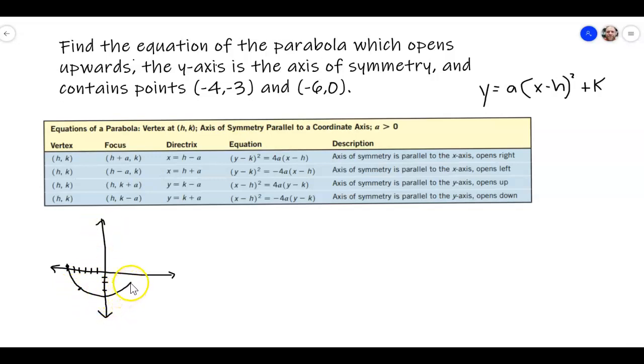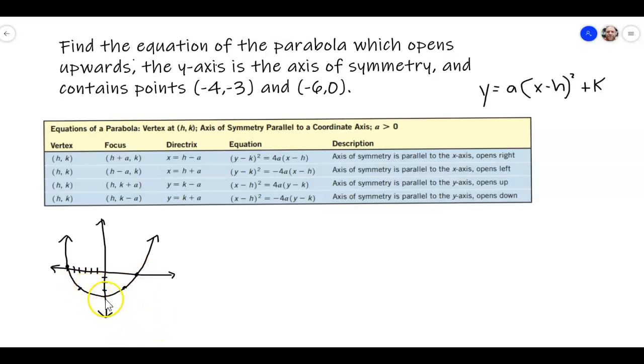So we should get something that looks just the same on this side, and it'll go up like this. So we should expect points over here of (4, -3), which will be right about there, and (6, 0), which will be over here as well, since this thing is symmetric.